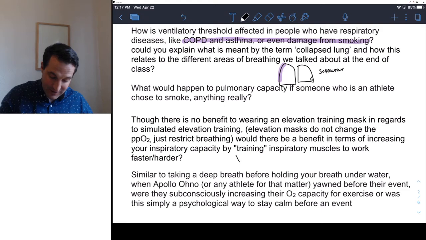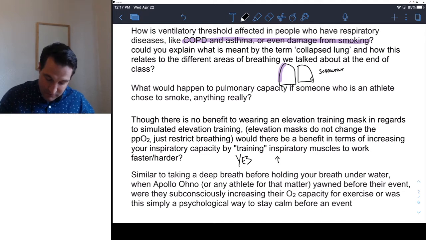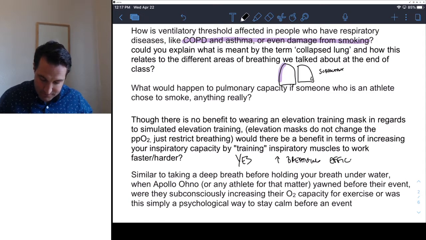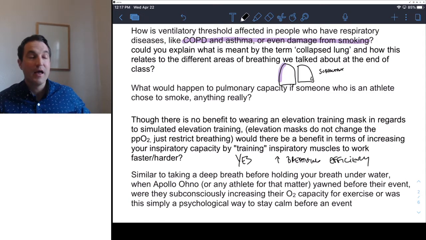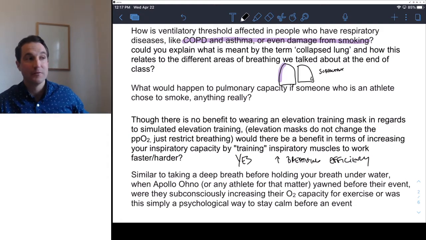The answer to this is yes. The military has done some work on this, and they've found that you increase breathing efficiency. What this means overall is the amount of ATP needed to breathe when you're exercising goes down.